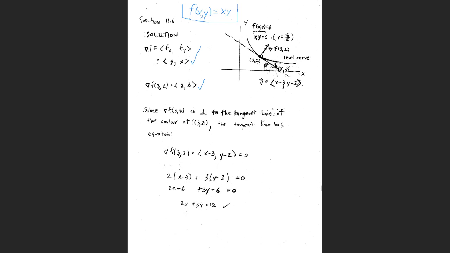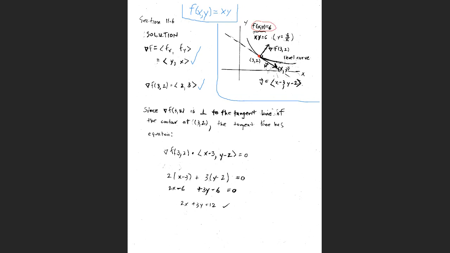Okay, so what I've done in the picture on the right here is I don't really have notches or anything, but I just kind of estimated 3, 2. The point 3, 2 is right here. And the function f of xy equals x times y, we're going to draw a level curve of that when f of xy equals 6.